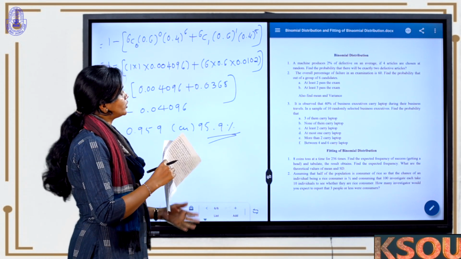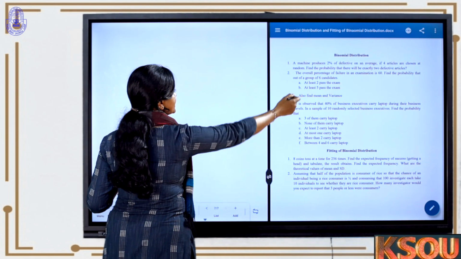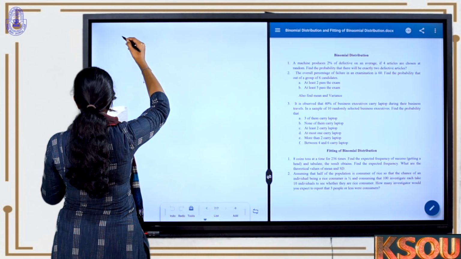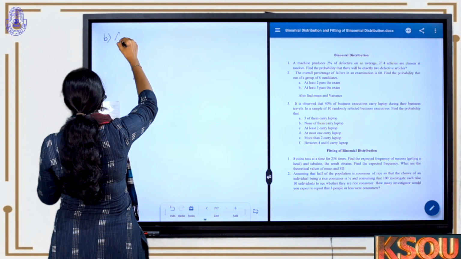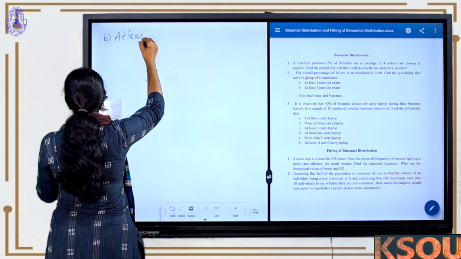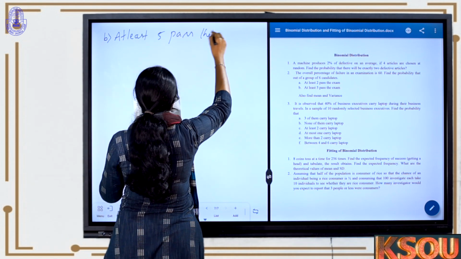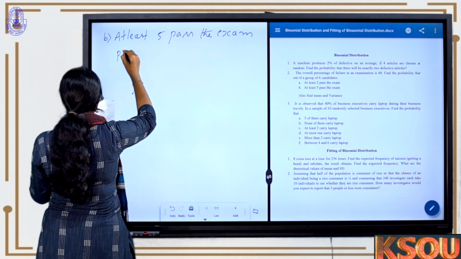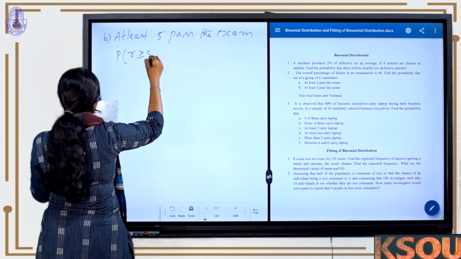So now what is the question here for the second part? At least 5 pass the exam. So at least 5 pass the exam means it could be greater than or equal to 5.